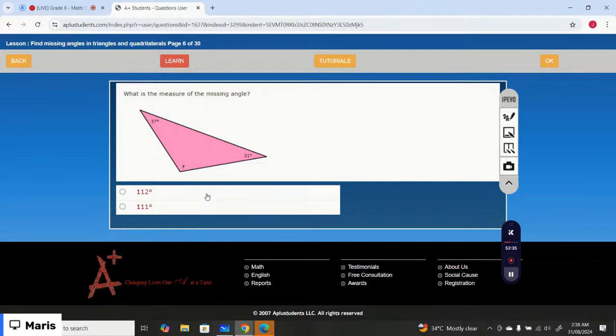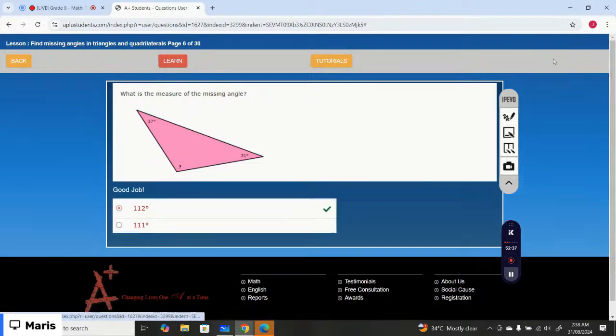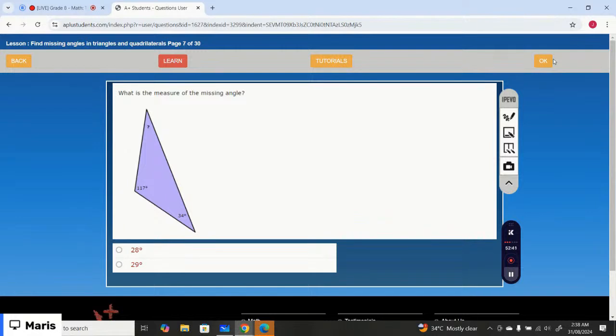Option number 1 is the correct option. What is the measure of the missing angle? Which is the correct option? That is 29 degrees. Option number 2 is the correct option.